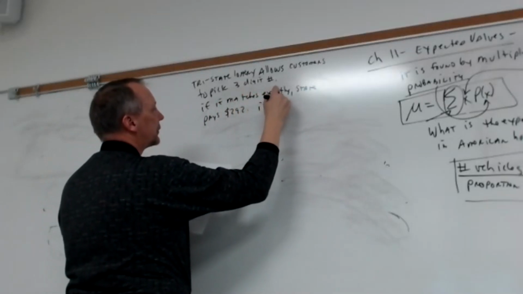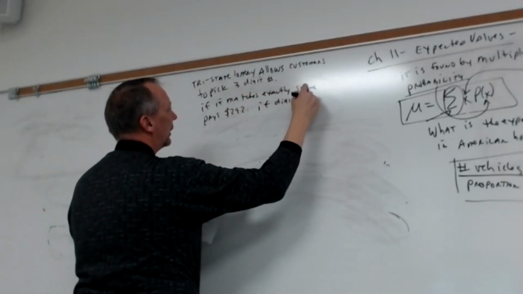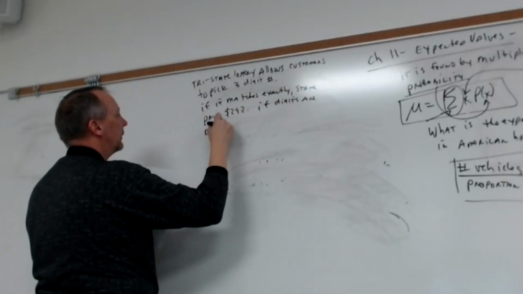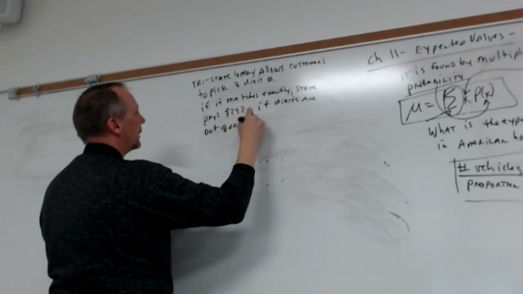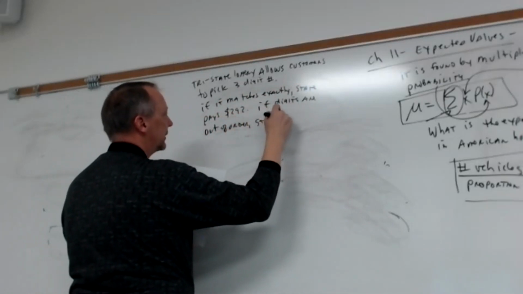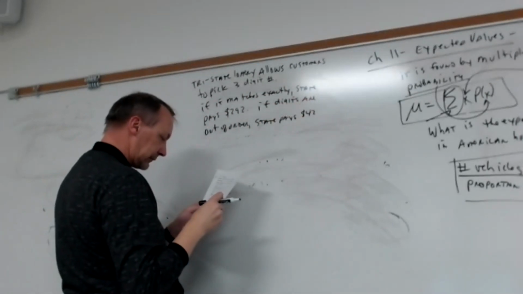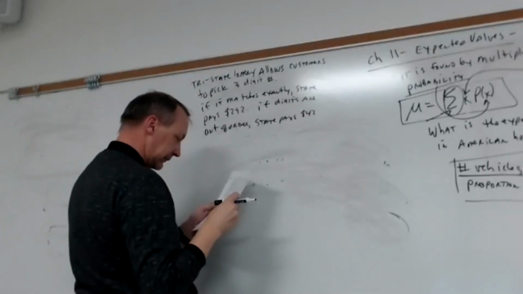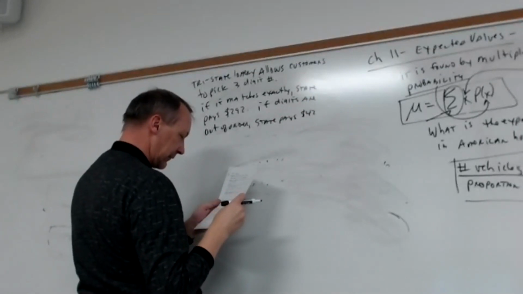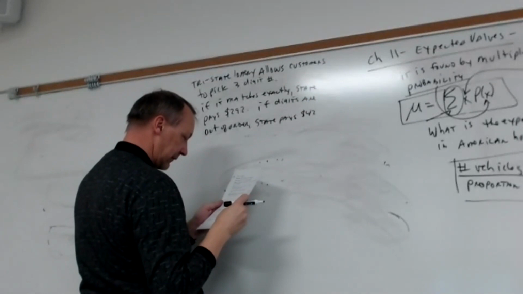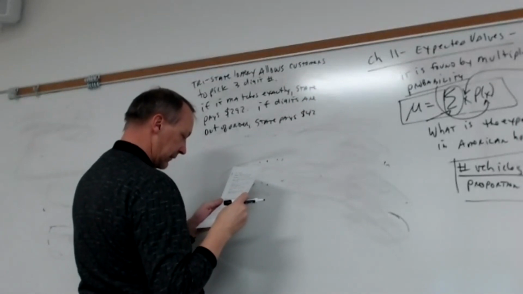If the digits are out of order, the state pays $42.